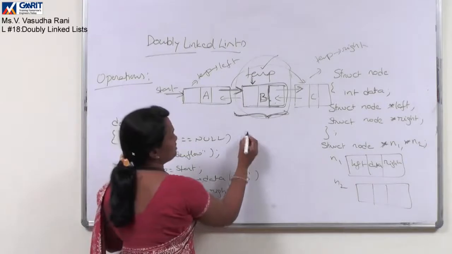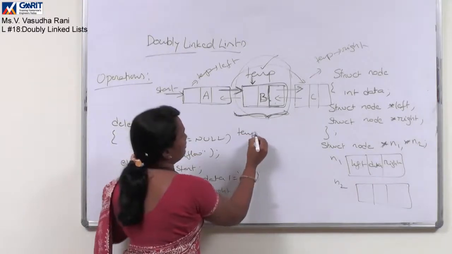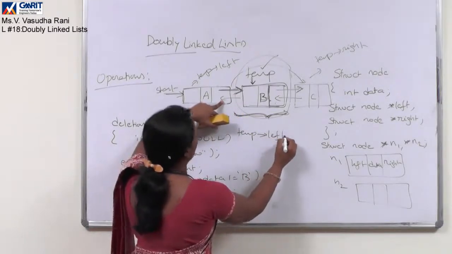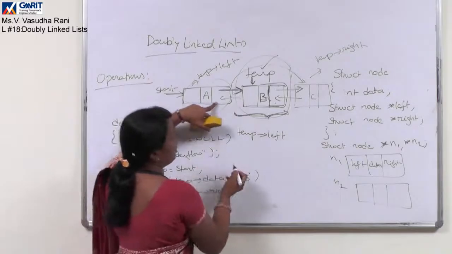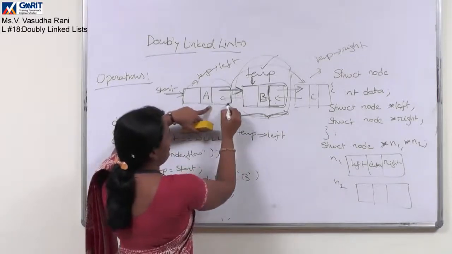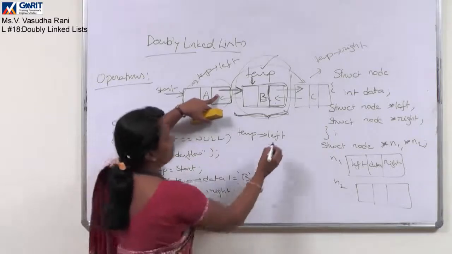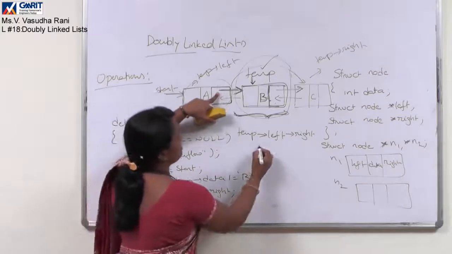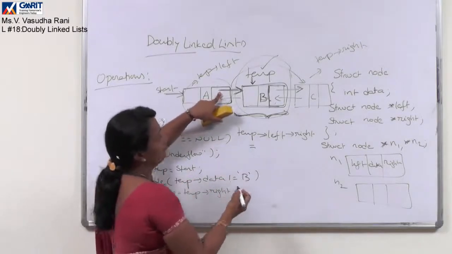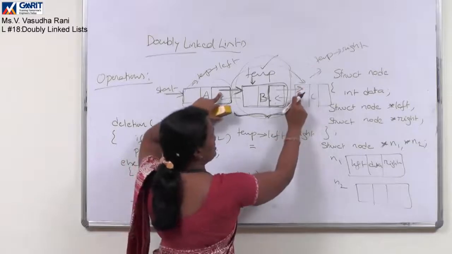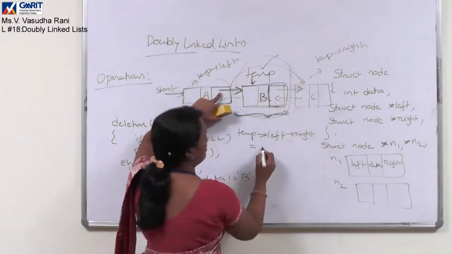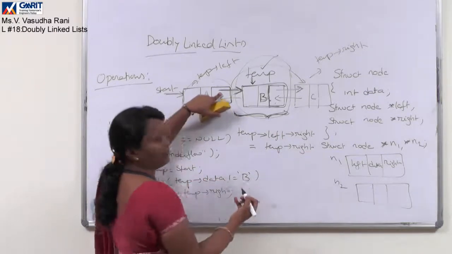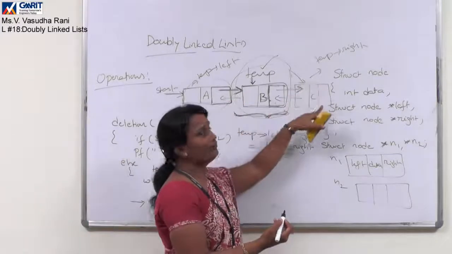So for that, it is temp, its left is referring to this particular node, and this node's right address location can be referred to with this. This right address location should have the address of temp's right. So this node's address.